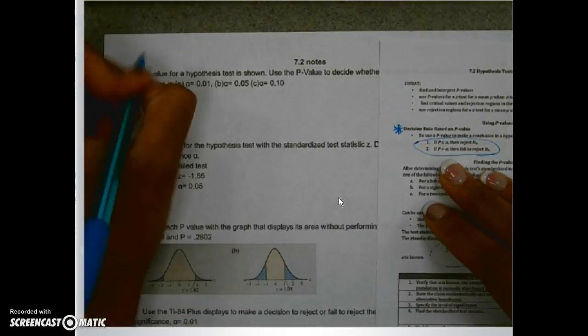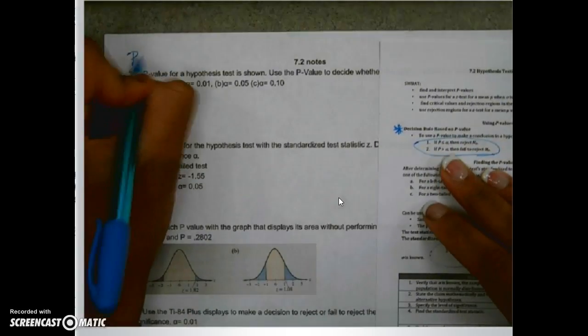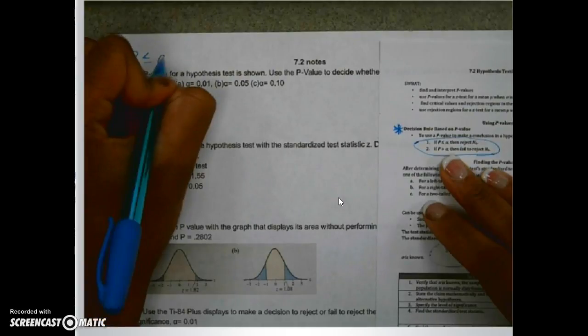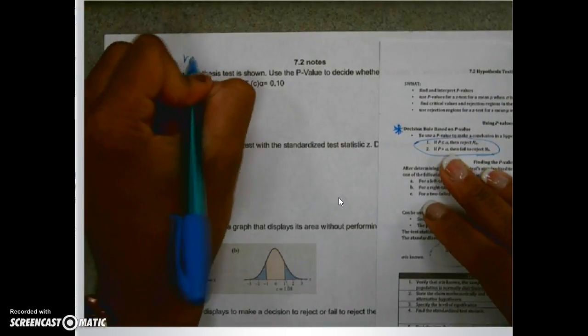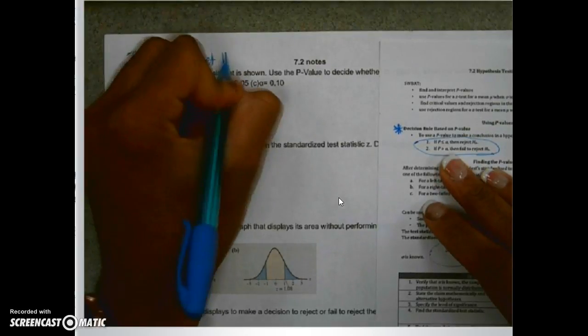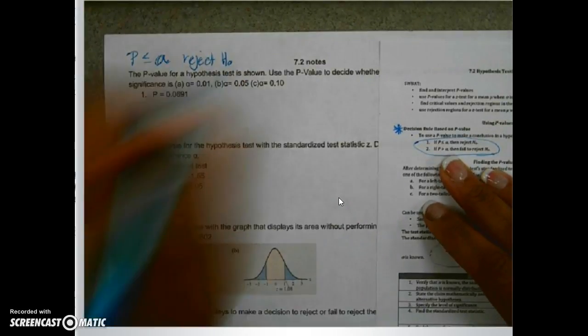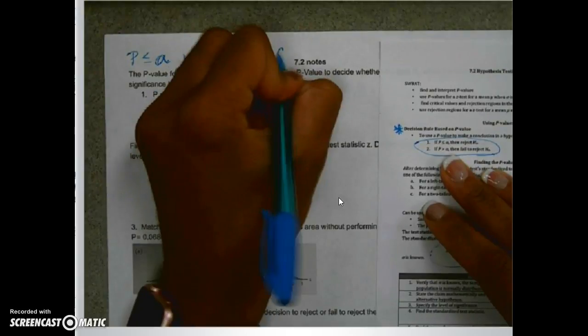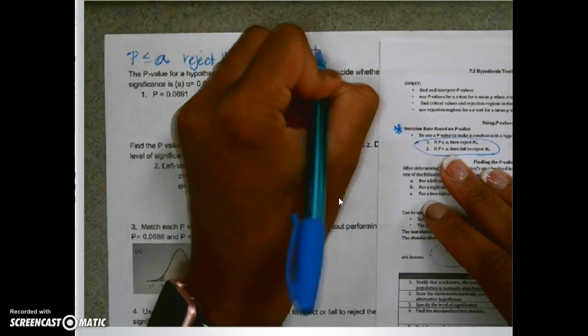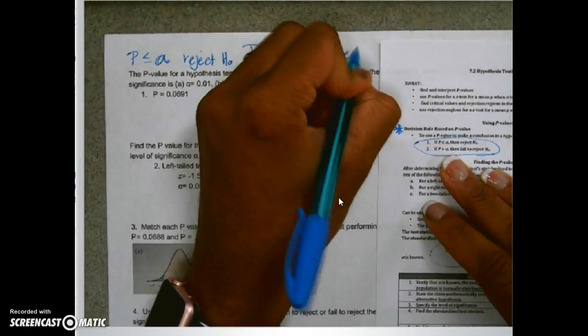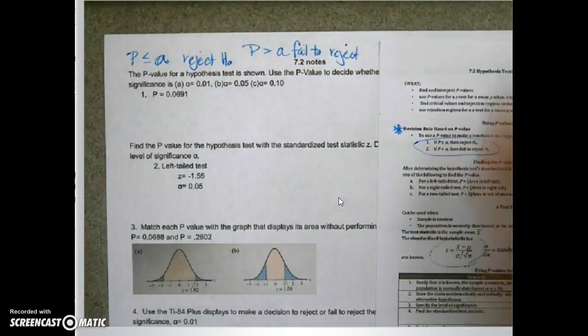So let's write this at the top of our papers. If p is less than or equal to A, which is actually alpha, then we will reject the null hypothesis. If p is greater than A, then we will fail to reject the null hypothesis.